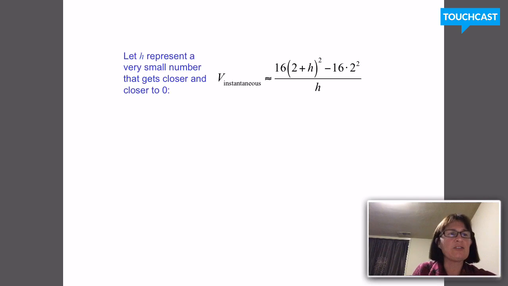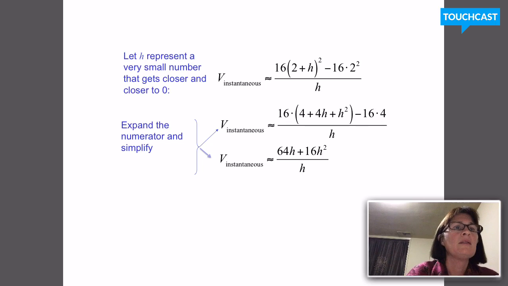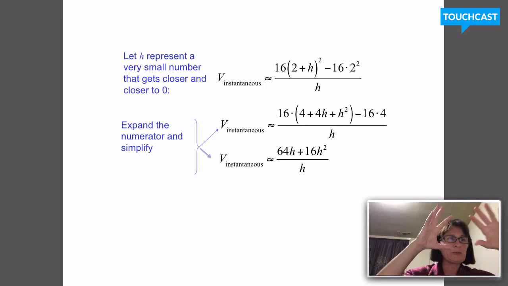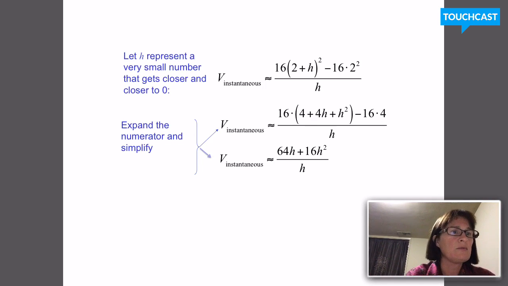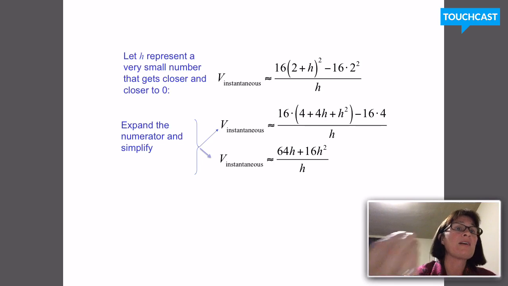So you're going to have to dig back to how you simplified polynomial expressions. If I took that expression 2 plus h and I wanted to square it, I could multiply 2 plus h times 2 plus h. It takes 4 multiplications, and we get this new expression. So instead of 2 plus h squared, I can rewrite that as 4 plus 4h plus h squared. I can distribute that 16 and simplify this expression.